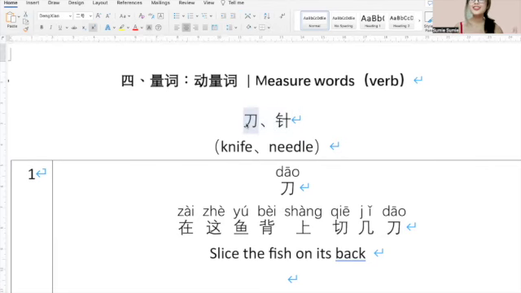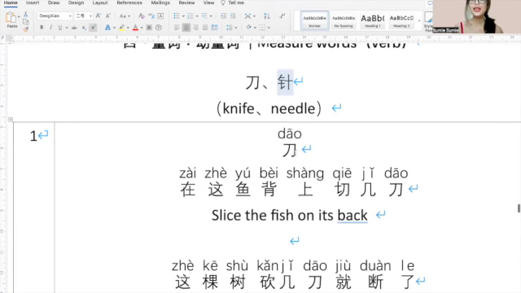They are 刀, which is knife, okay? 针, which is needle, okay? So it is a noun, but we're going to use it as a measure word to describe a verb or an action. Are you ready? If yes, let's get started.